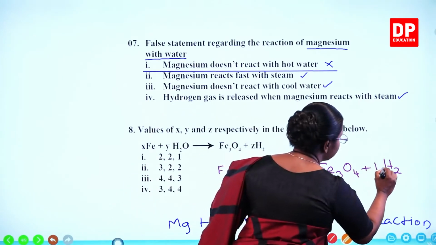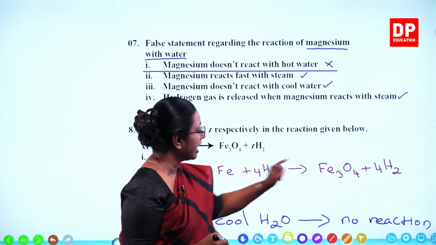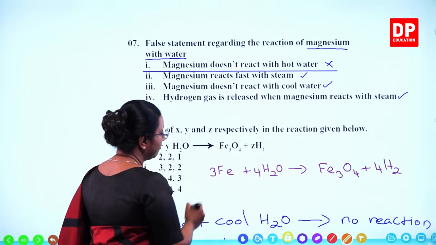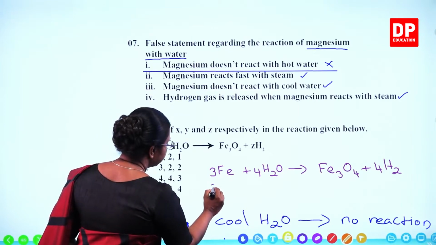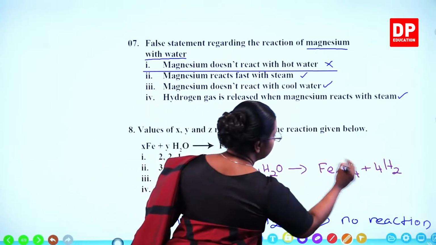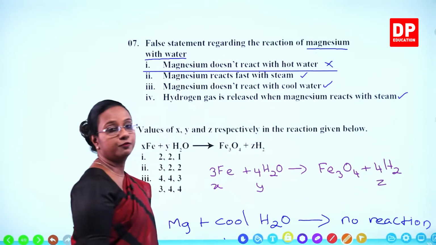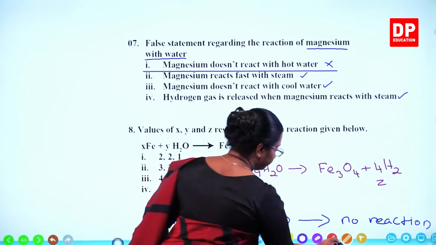So you can balance that by putting 4 there. Then iron 3, you need to have 3 there. So what are the values? 3 is X, then you have 4 for Y, and Z is again 4. So 3, 4, 4 are the values.